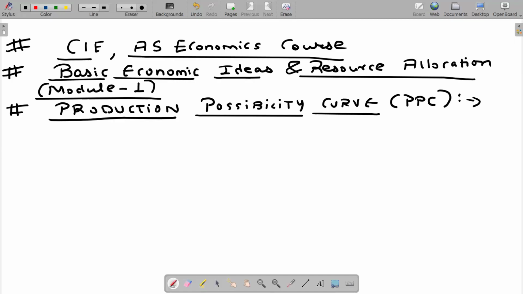Okay, so simple example, we are going to use opportunity costs in our discussion of the production possibility curve. So students should revise opportunity costs again before going into the depth of this lesson. Okay, so let's talk about production possibility curve.